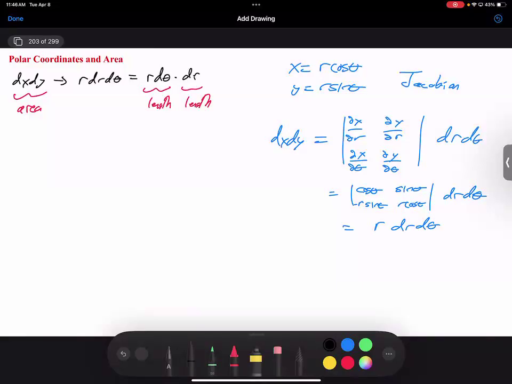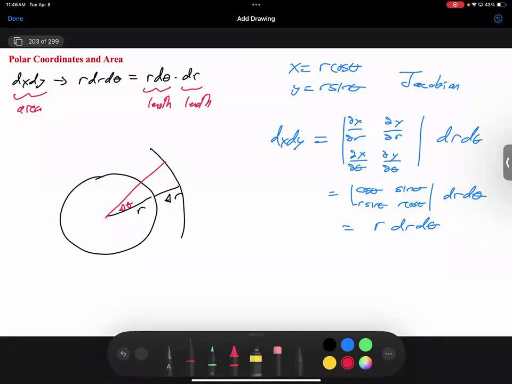Another way of viewing this is, let's imagine we have a circle of radius r, and we extend it, not drawn to scale, a little bit like this. And we're going to move, again, since I'm not drawing things to scale, let's really not draw things to scale. Let's extend it by a delta theta.